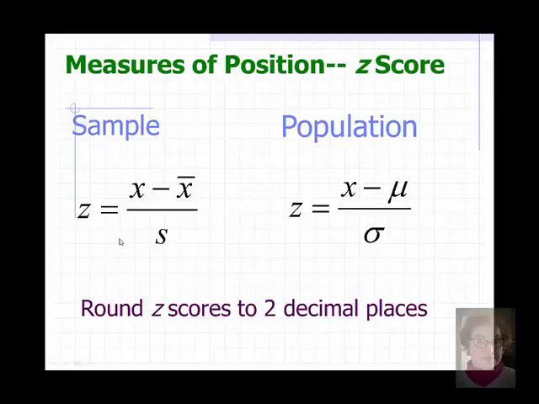We will be using this formula for sample z-scores. You can do the same thing with population parameters, but you don't usually do that. We will round z-scores to 2 decimal places when you calculate them, and we do this because it becomes important to us in Chapter 5.